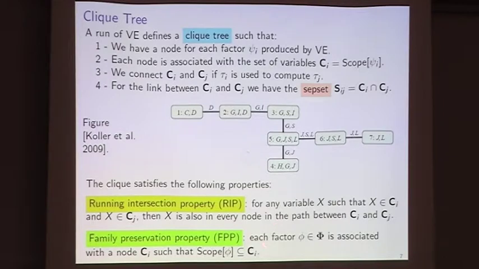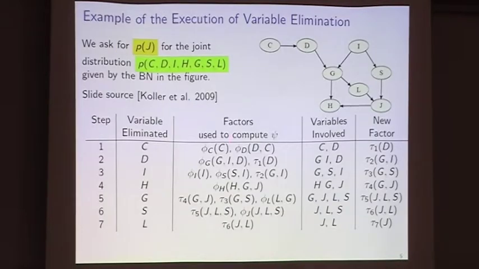Each factor in the original distribution will be associated with a node such that the variables in the scope of that factor, the variables on which that factor is evaluated, are contained in the set of variables associated with that node. So in this click tree, each factor in the original distribution is used to produce one of the factors psi.